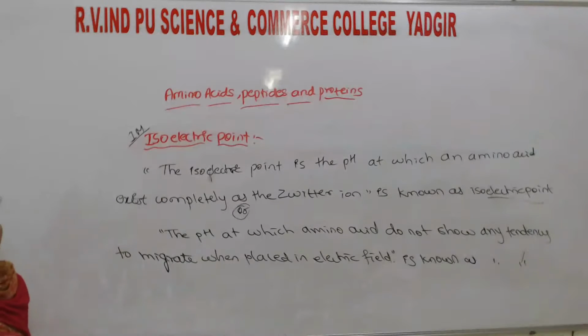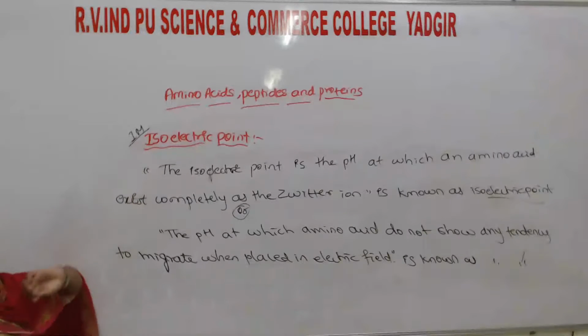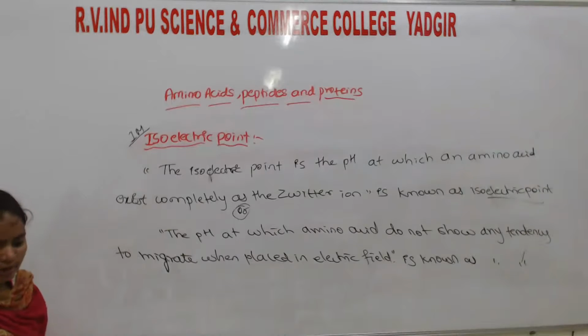This definition is very important for your examination as a one mark question. The isoelectric point of an amino acid is a characteristic property, and each amino acid has its own isoelectric point.